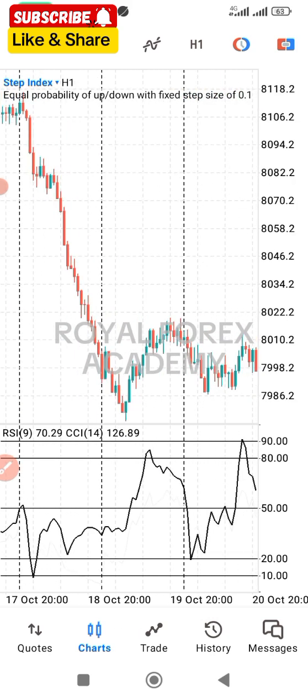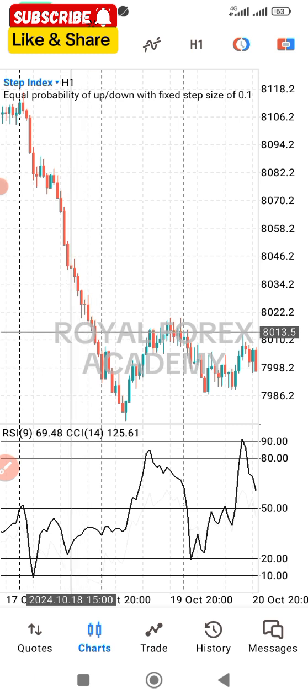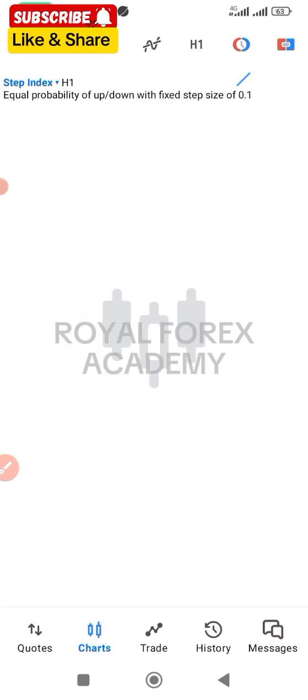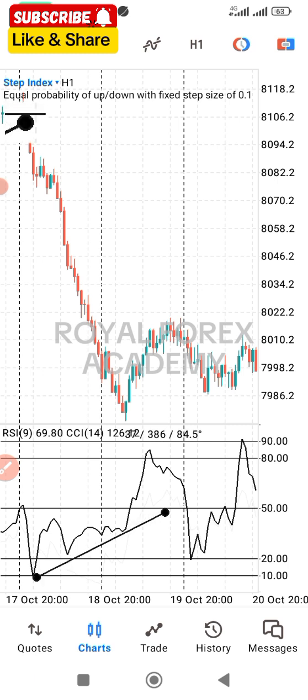Okay, even in this scenario, we have a divergence. Look at what happens here. And what the chart is doing. Can you see that?